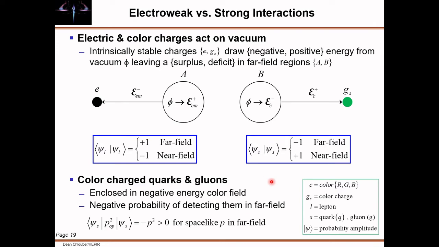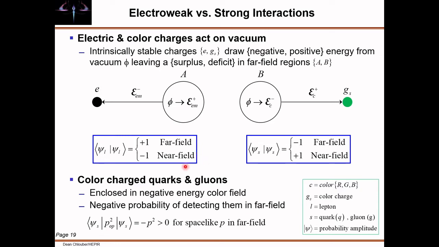And we can represent this mathematically by letting psi be the probability amplitude for finding a particle, and it's indexed by L for a lepton, or S for a quark or gluon. Then the norm of psi sub s is just -1 in the far field and +1 in the near field, just opposite the case for a charged lepton.